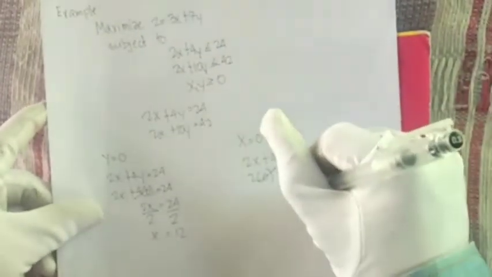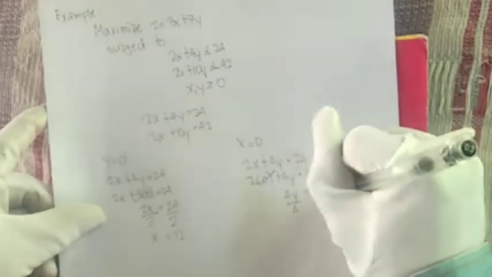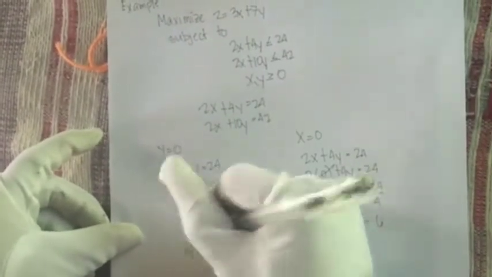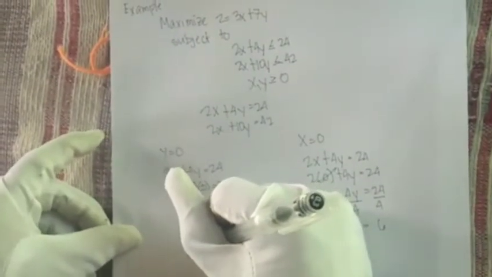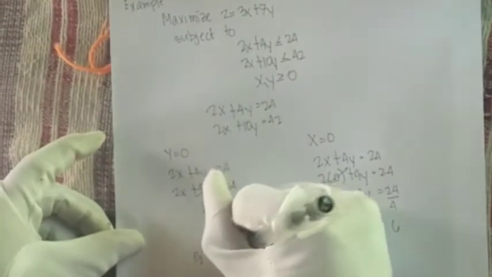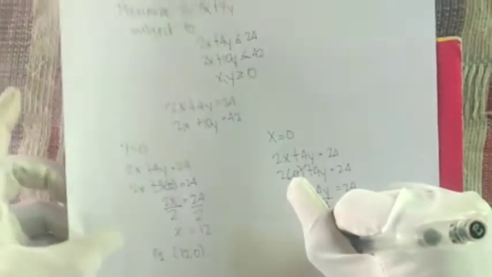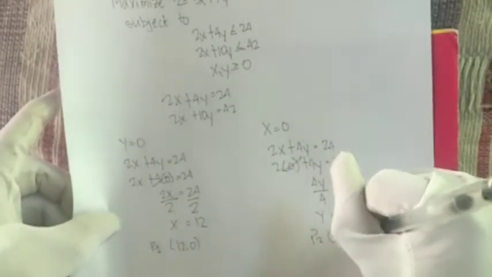So divide both sides by 4. So our y is 6. So our P1 is (12, 0) and our P2 is (0, 6).